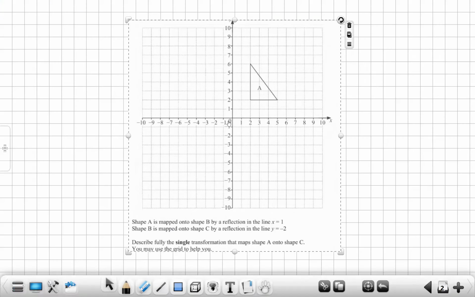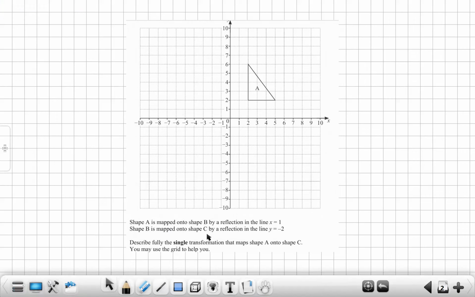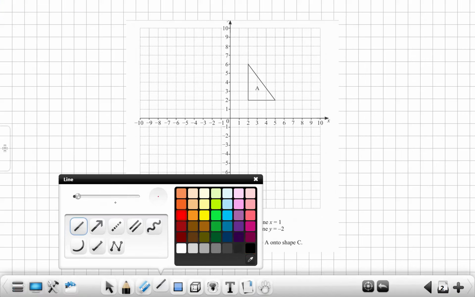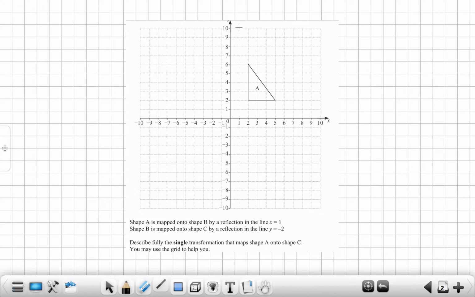Shape A is mapped onto shape B by a reflection in the line x equals 1. So I need to draw the mirror line first. So the mirror line over here, x equals 1, is this one here. Here you go, mister. This is x equals 1.